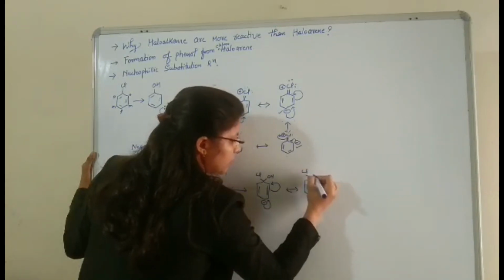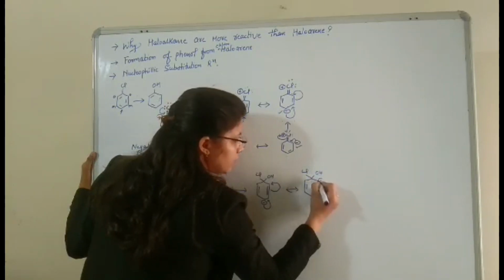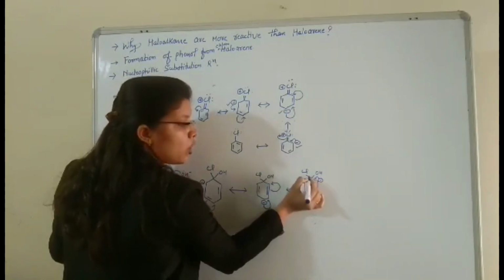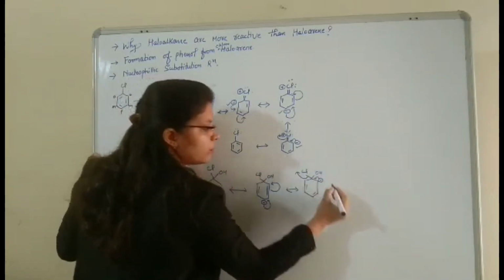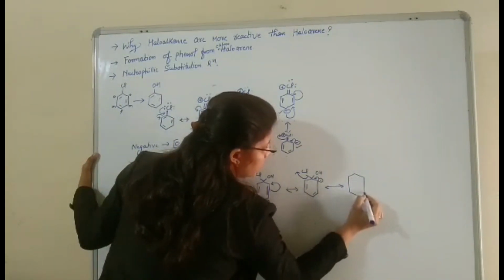Here chlorine will be there, and here OH will be there, and the negative charge will come here. So this negative charge will move here, and the chlorine will be lost from here. So now the structure will be formed in this way.